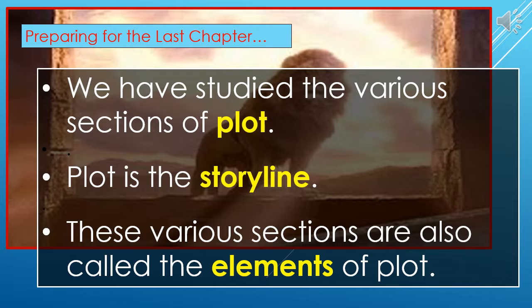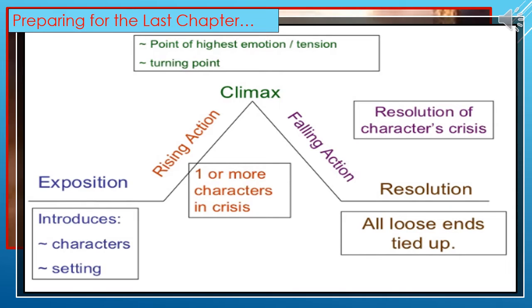So we have studied the various sections of plot, and we learned in the past that plot is the storyline, and the various sections of plot are also called the elements of plot. As a quick review, these are the 5 elements of plot. Every story begins with an exposition.